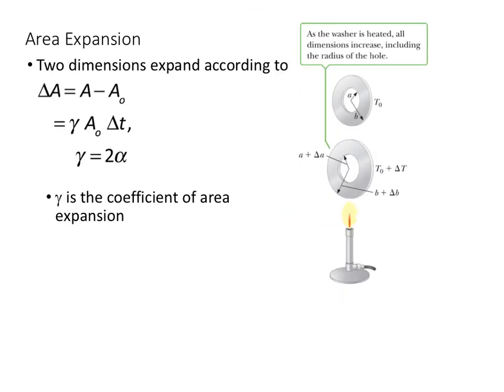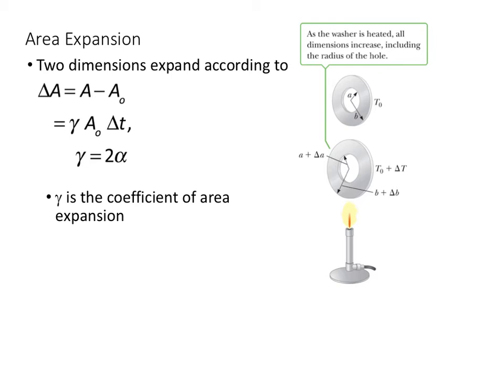Now, this thermal expansion doesn't just happen in one dimension. It doesn't just happen with length. You can also have it with area. So if you have an object where this dimension is very small, so I don't worry too much about that expansion, but this dimension and this dimension are non-negligible, your material will expand in both dimensions.